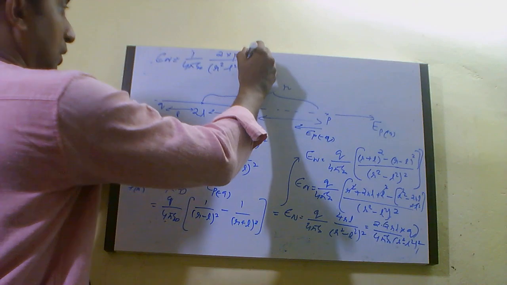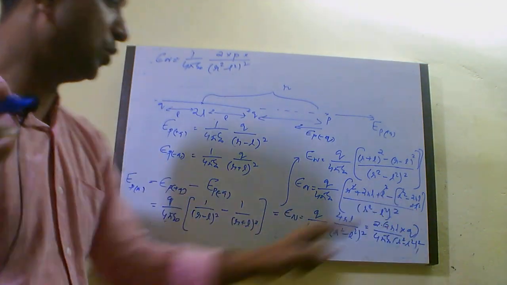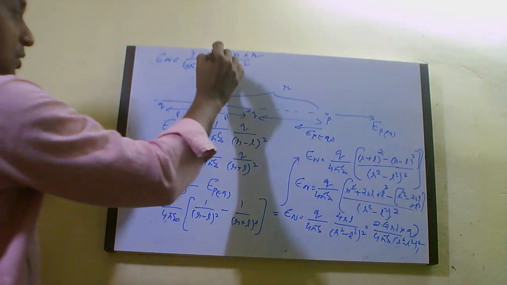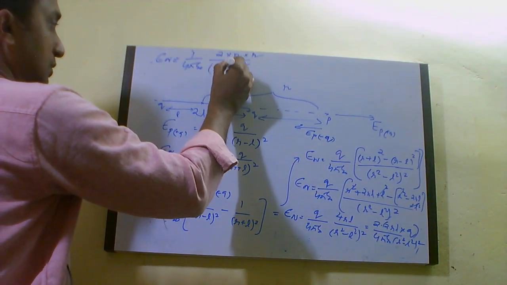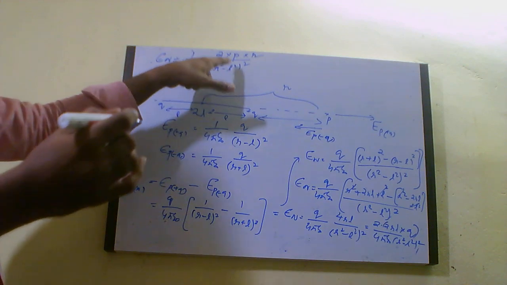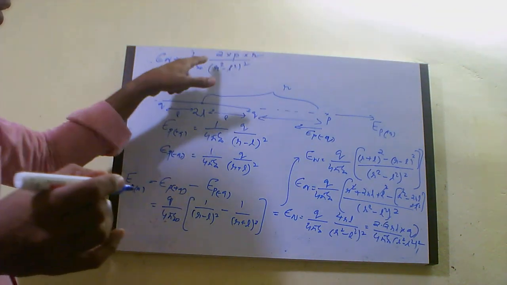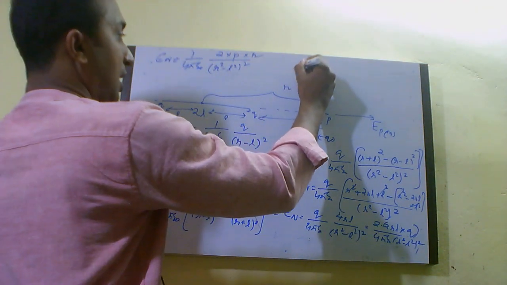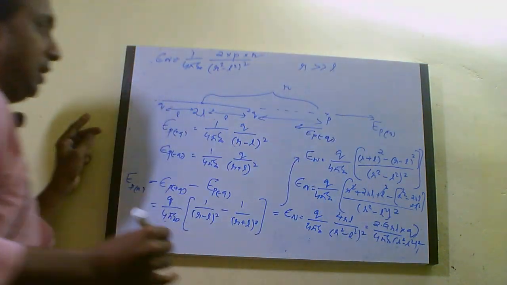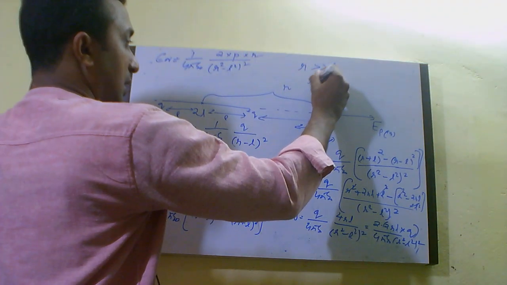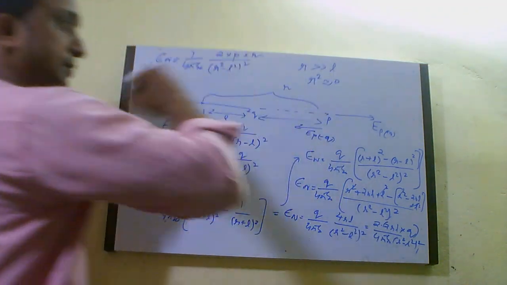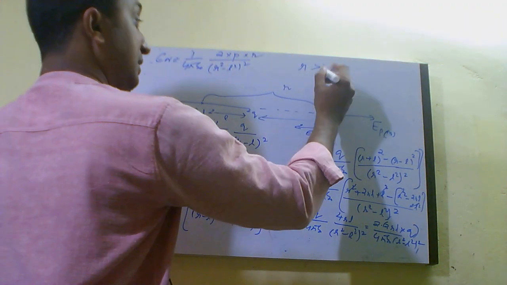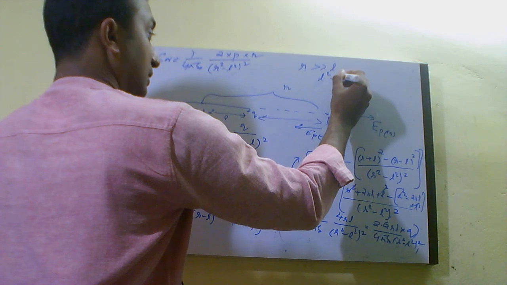Now 2L times Q gives you the dipole moment, and R is there, so 2 into P into R divided by (R squared minus L squared) the whole squared. Now assume this R is very much greater compared to L. So you can ignore this L squared.